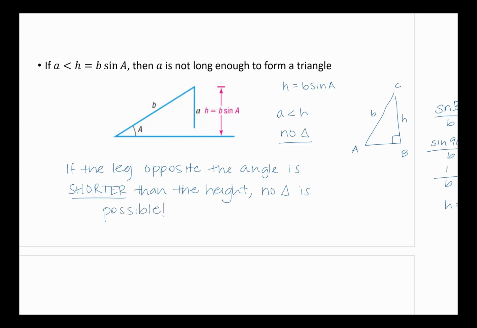So keep in mind, because remember, we only have one angle here, if the leg opposite the angle is shorter than the height, no triangle is possible. And we're always going to want to set it up so that the angle is right here. It just makes it easier for us.